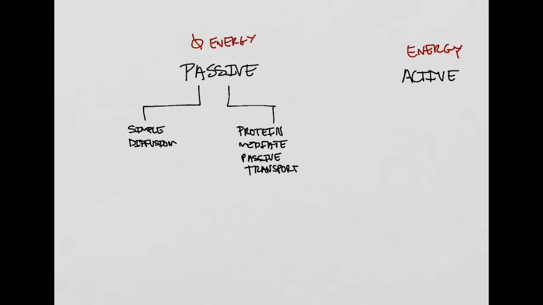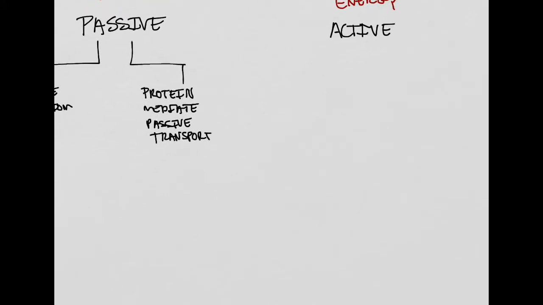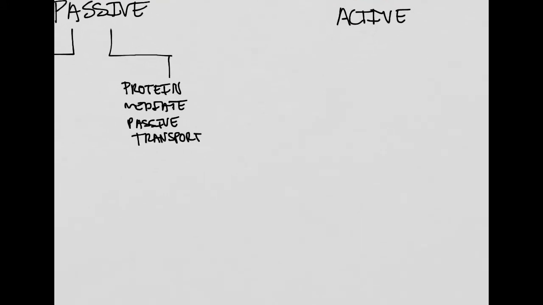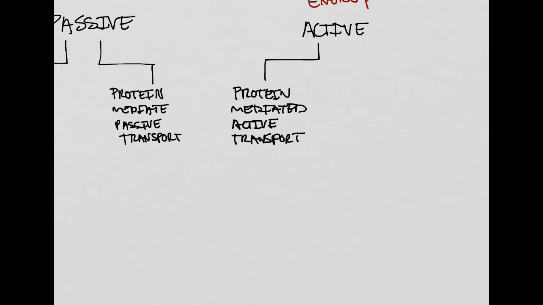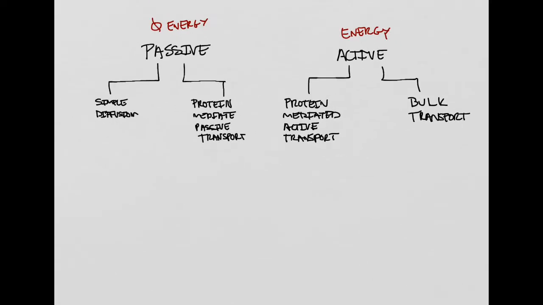I'm going to come back to those in a second. And then we have active transport, and again we have two different types of active transport. Active transport, much like passive, we have protein-mediated active transport, as well as bulk transport. Okay, so there are the two different types of categories broken down into their constituent pieces.